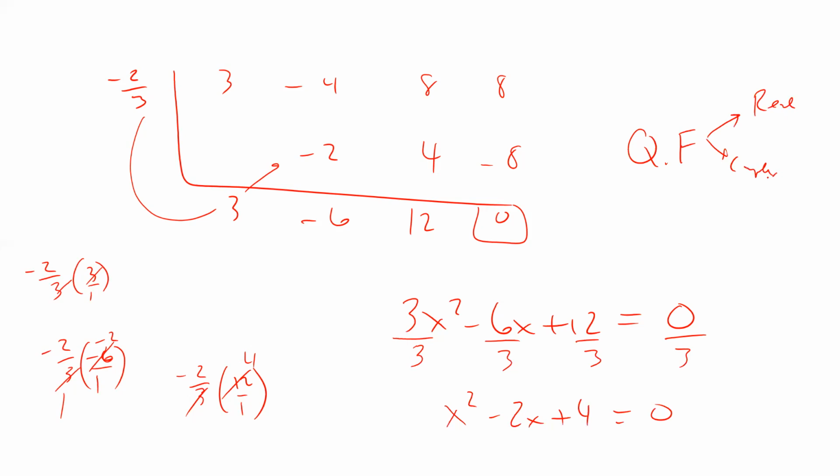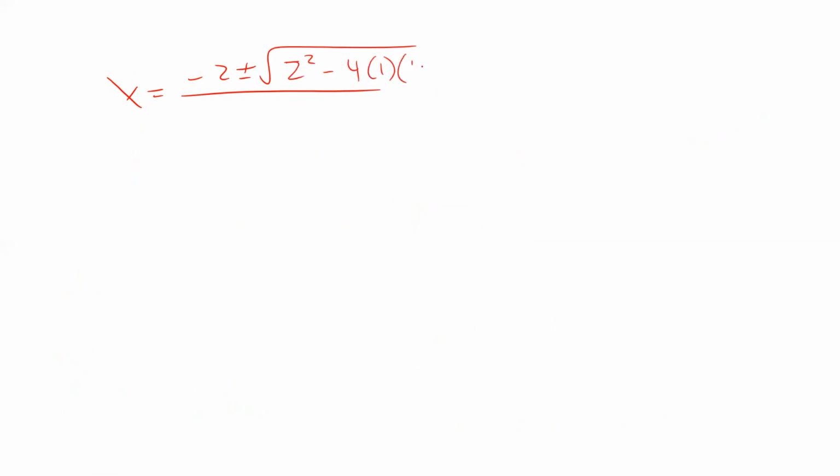It can kind of go 2 different directions. And so we have to be kind of careful when we do that here. So let's go for it here though. X is equal to negative 2 plus or minus the square root of 2 squared minus 4 times 1 times 4. Isn't it over just positive 2 because a is 3 and b is negative 2? Sorry, yep.